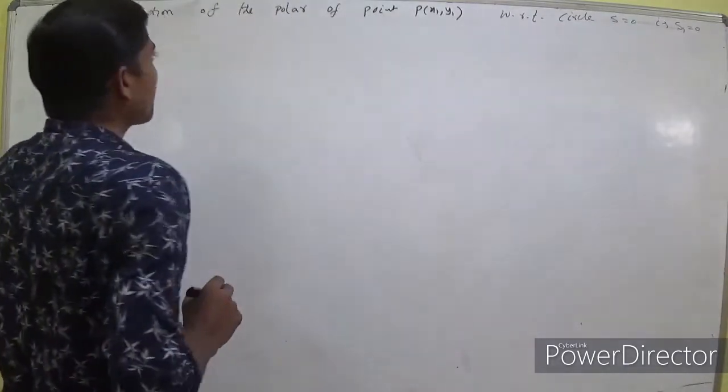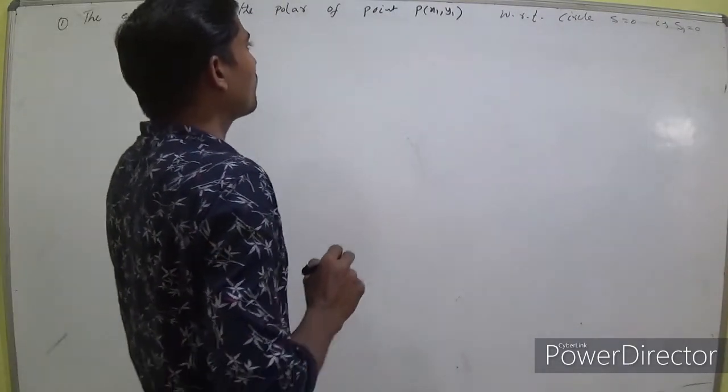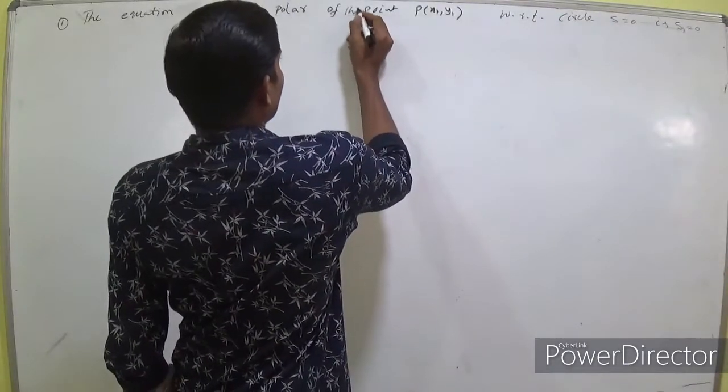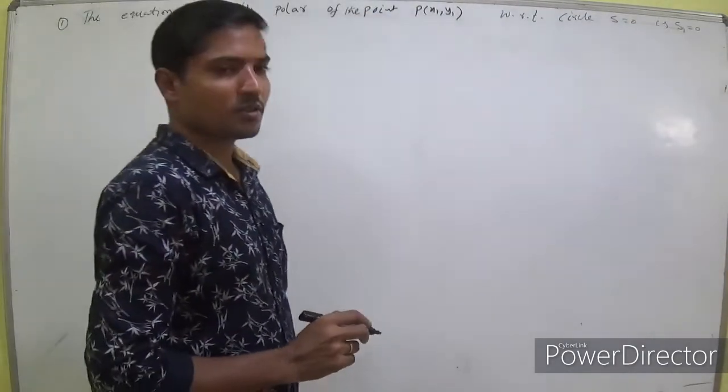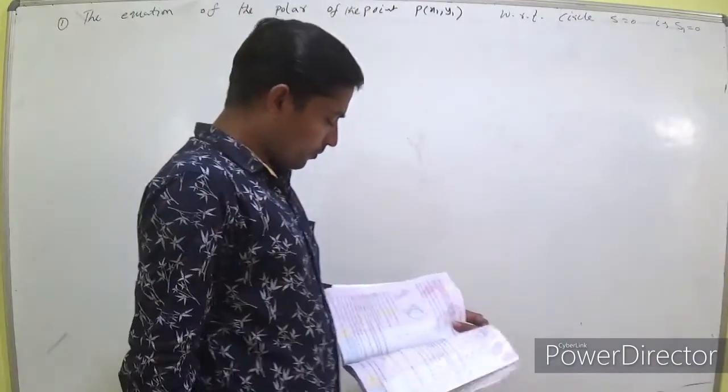The equation of the polar of the point with respect to the circle S equal to 0 is S1 equal to 0.